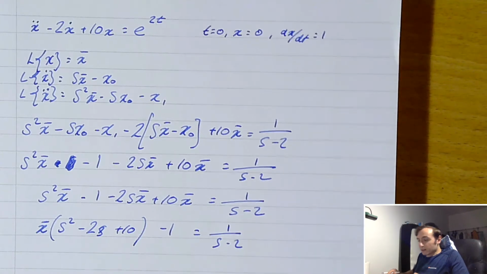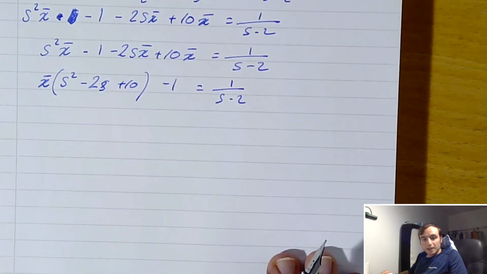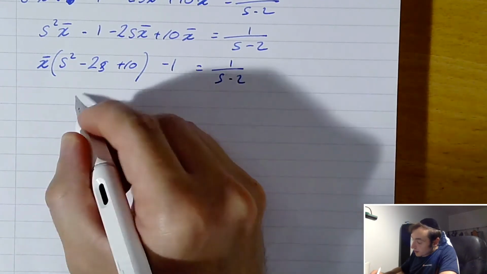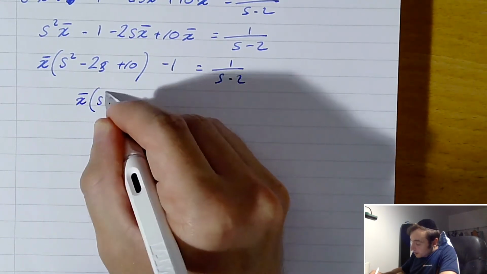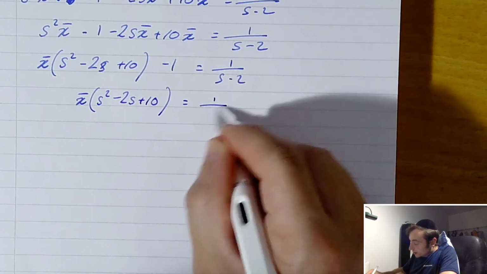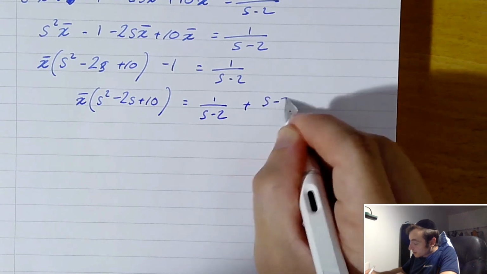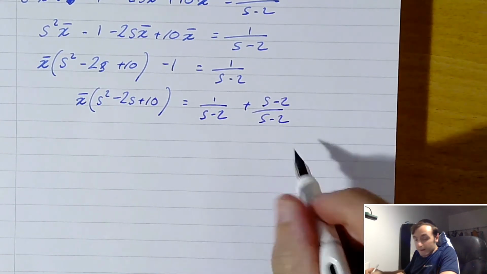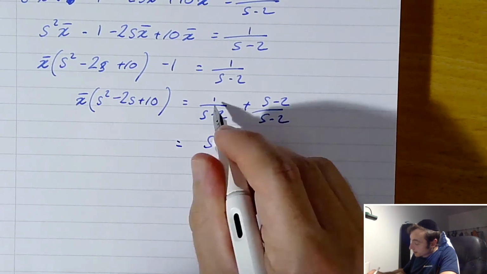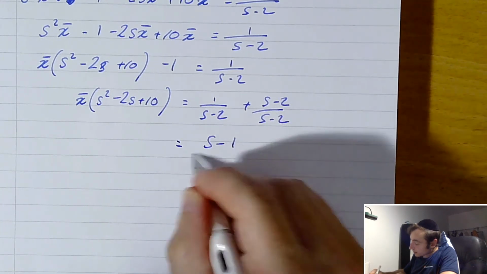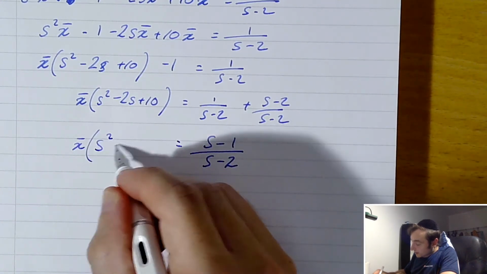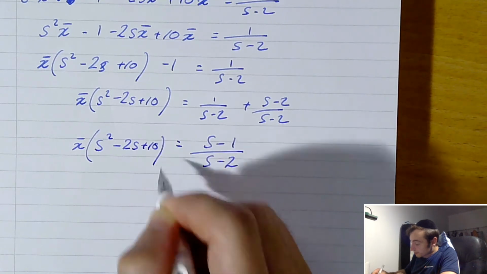Now I'm going to take the 1 to the other side. So x bar times s squared minus 2s plus 10 equals 1 on s minus 2 plus s minus 2 on s minus 2. That's going to equal s minus 2 plus 1, which is s minus 1 on s minus 2.